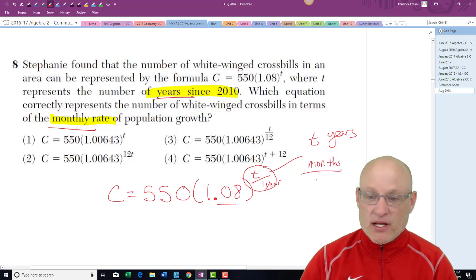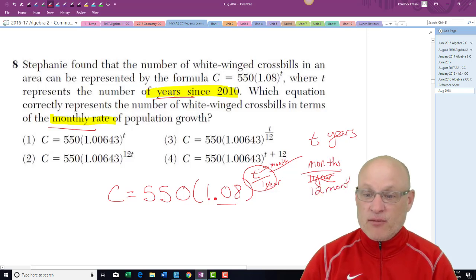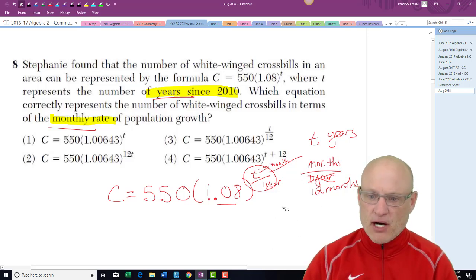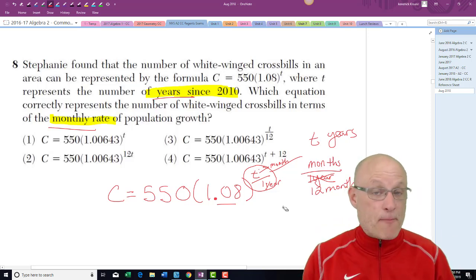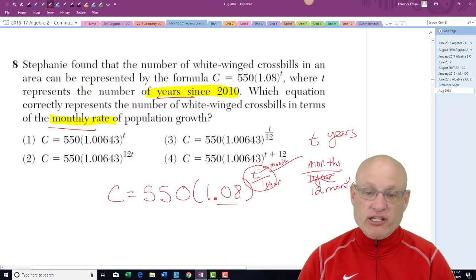Doesn't 1 year really equal 12 months? You can't have mixed units like that. So instead of t being years, now t is going to represent months, but that was t over 1 year, and 1 year is really 12 months.